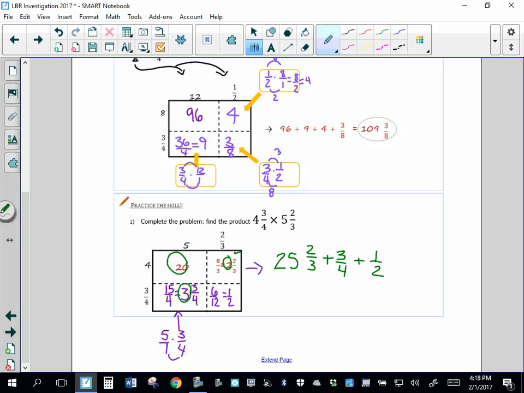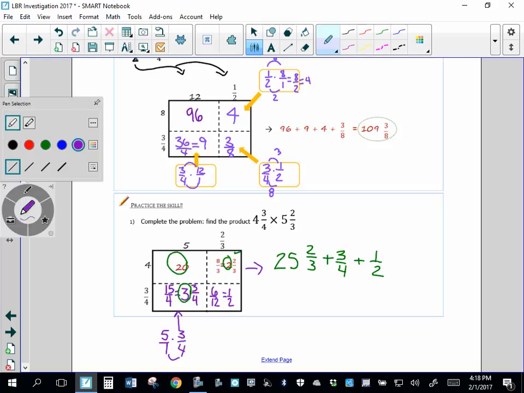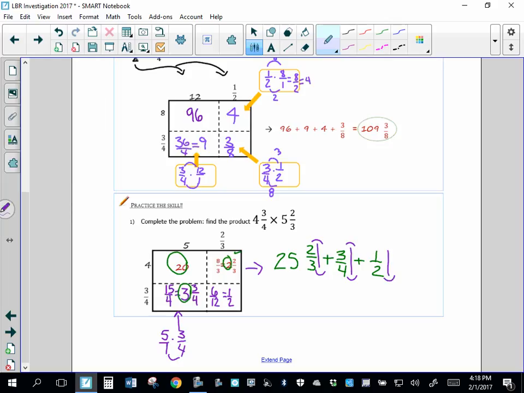And in order to add fractions, you do need a common denominator. So we're going to change all of these to 12s, because 3, 4, and 2 all go into 12.